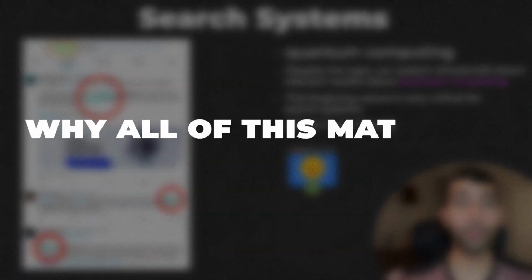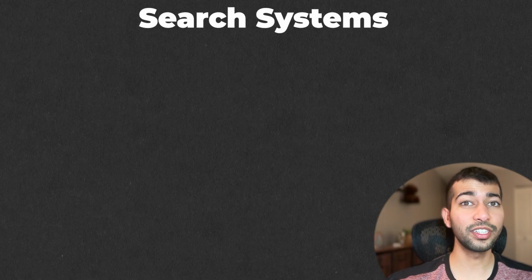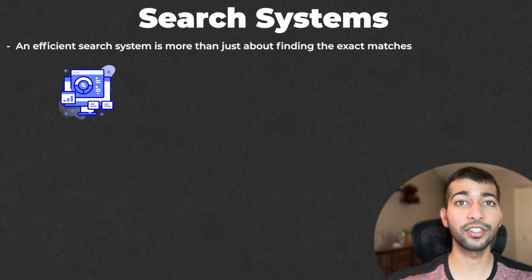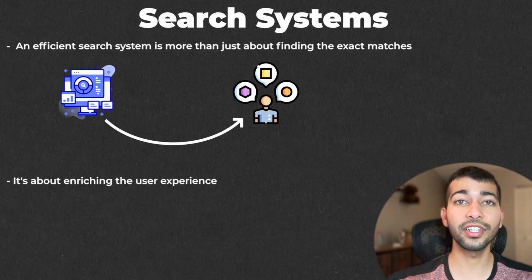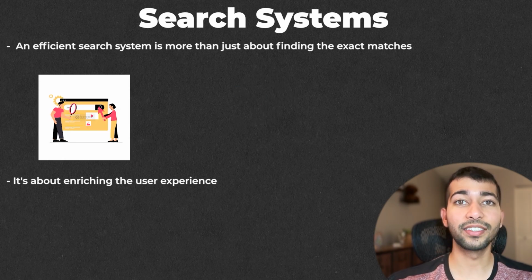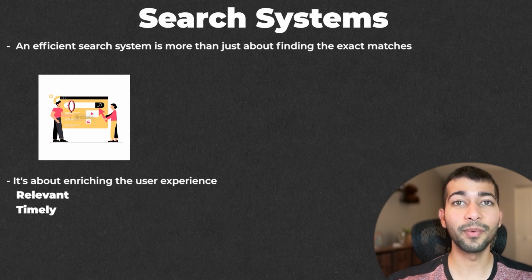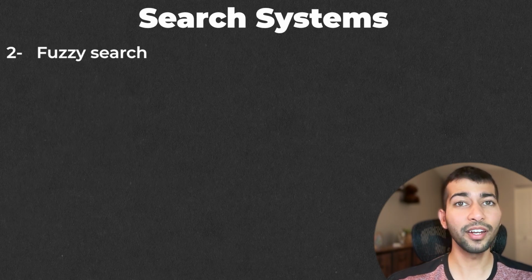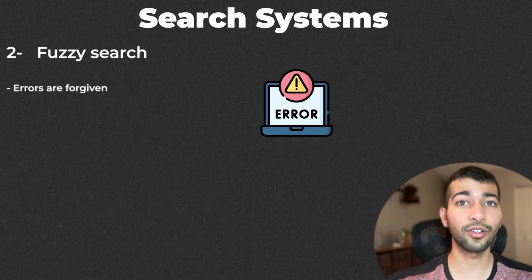Now, why does all of this matter? An efficient search system is more than just about finding the exact matches. It's about enriching the user experience, making search results relevant, timely, and intuitive. By incorporating features like fuzzy search, we ensure that errors are forgiven, users don't need to worry about minor typos.